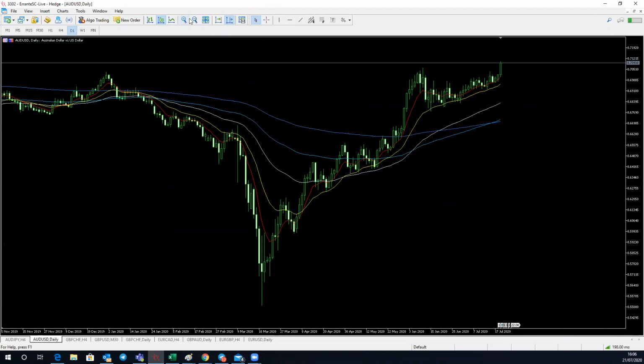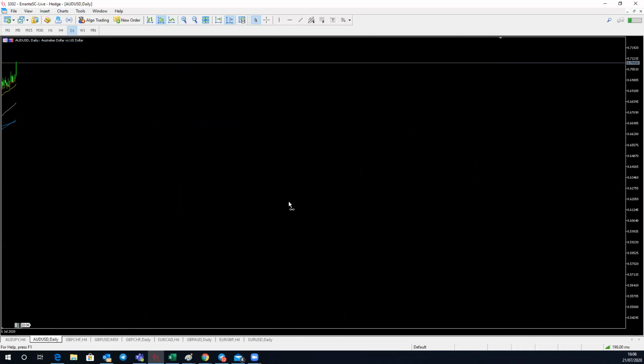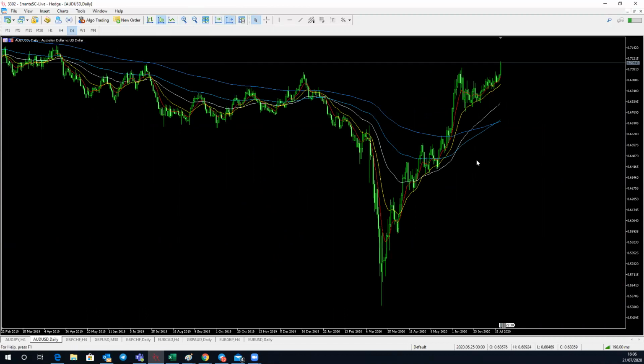Also, if it falls back down, then it would actually fall onto a very significant resistance, which is there. Also that one up there.